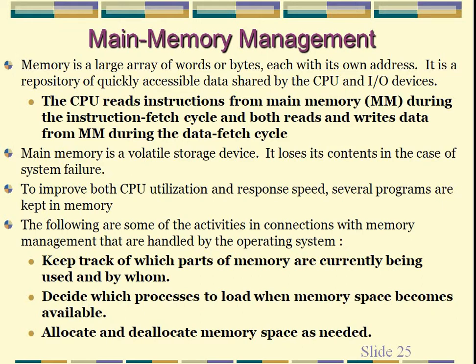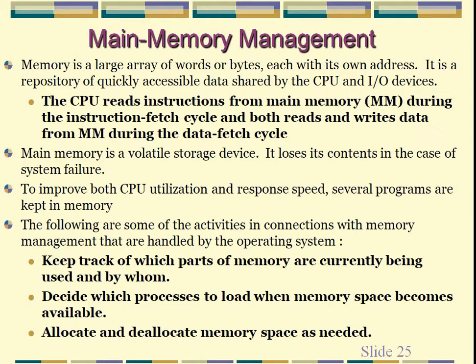It is a volatile memory, meaning it loses its contents in the case of system failure. A CPU reads instructions from main memory during the instruction fetch cycle, and both reads and writes data from main memory during the data fetch cycle.